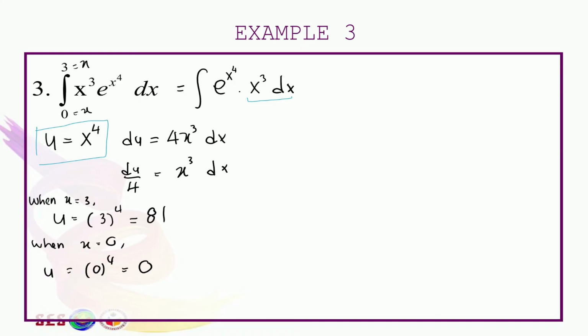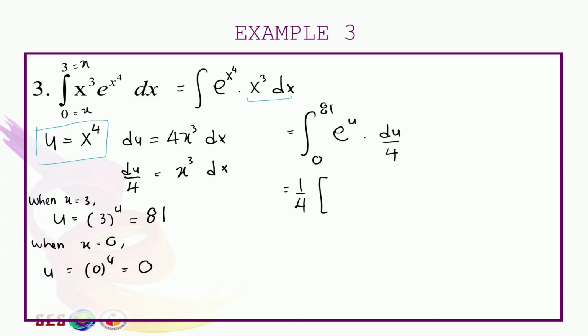Therefore our new limit is from 0 until 81, and using the substitution, we have e to the power of u multiplied with du over 4. Okay, so this is your new integral.